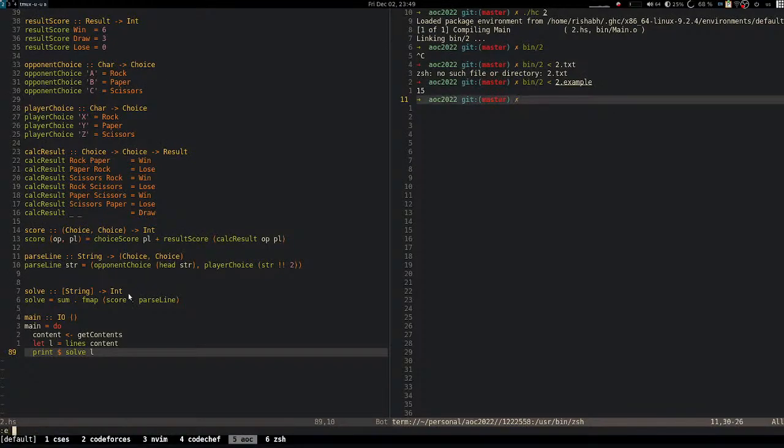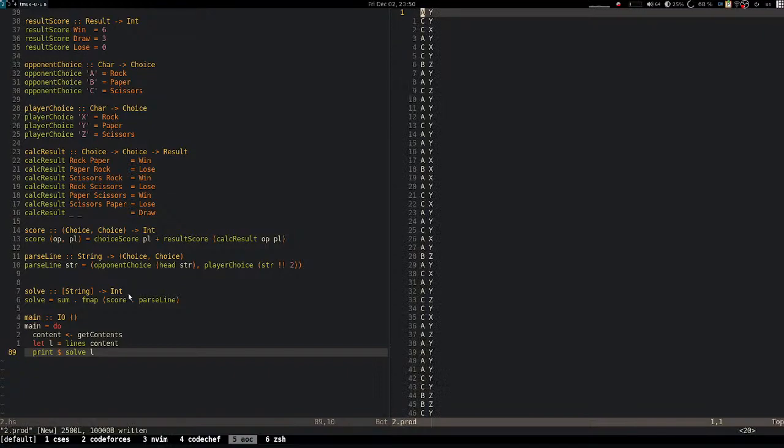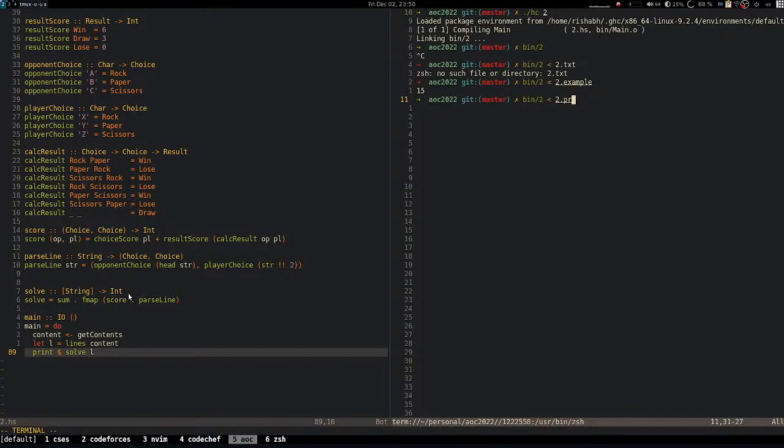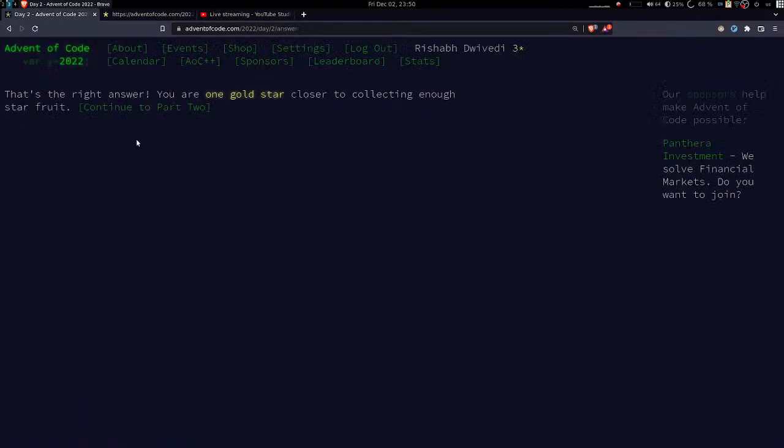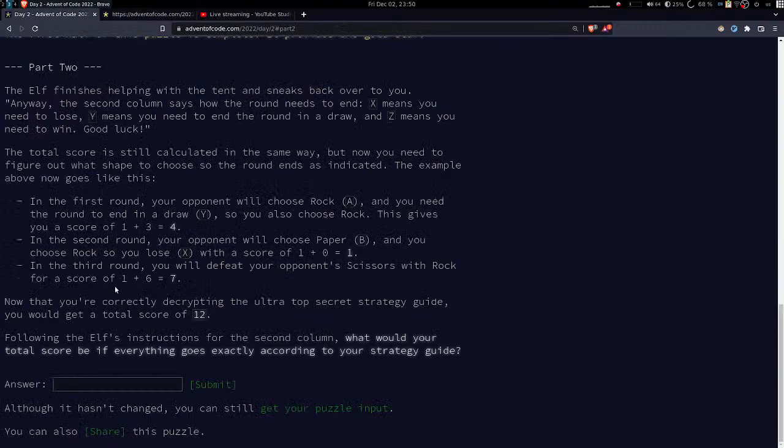So let's get the puzzle input, two dot prod, 14531. Yep. So we are done with part one.